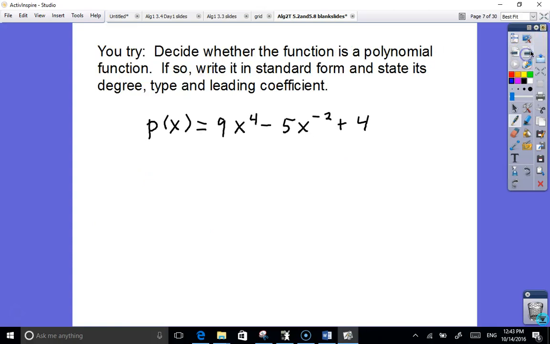So here's your U-try. Is it a polynomial? Okay, so then you're done with that U-try. No, because of that. Okay, how about that one? Is it a polynomial? So write it in standard form, state the degree, type, and leading coefficient.